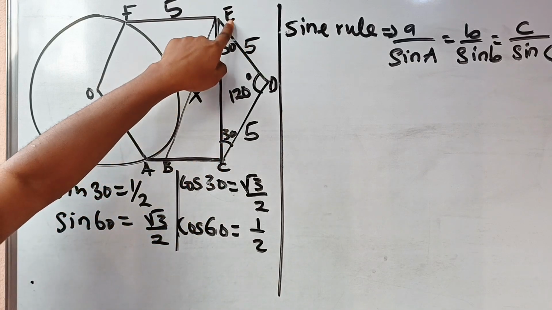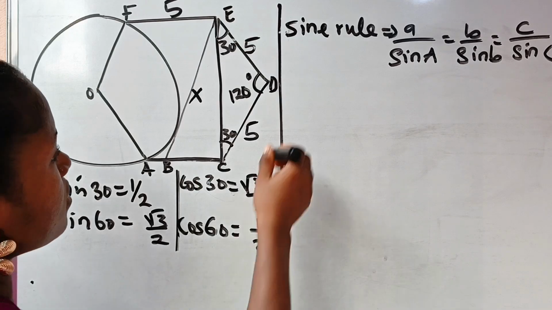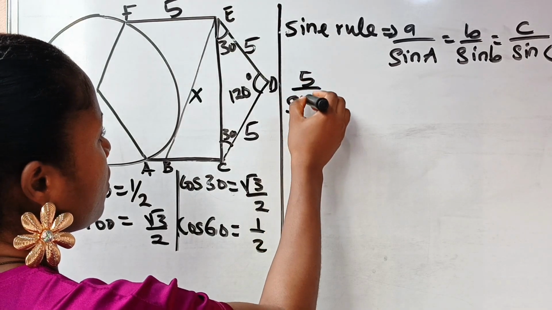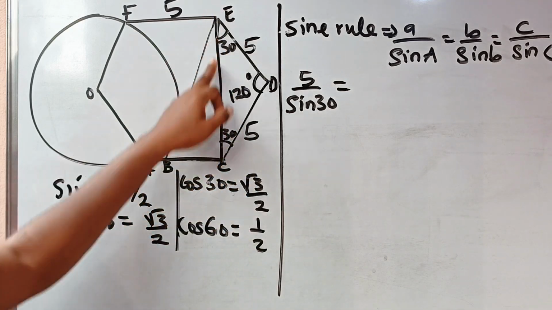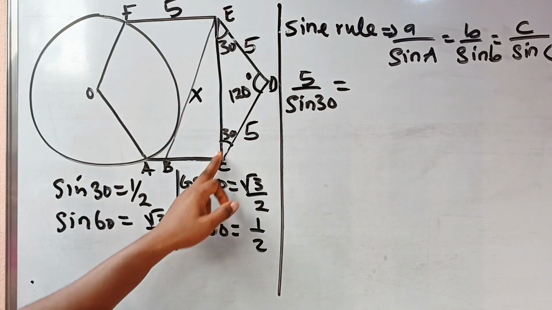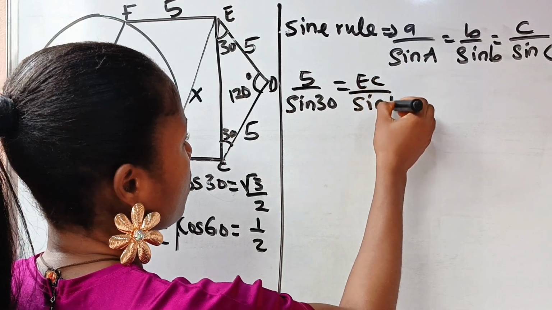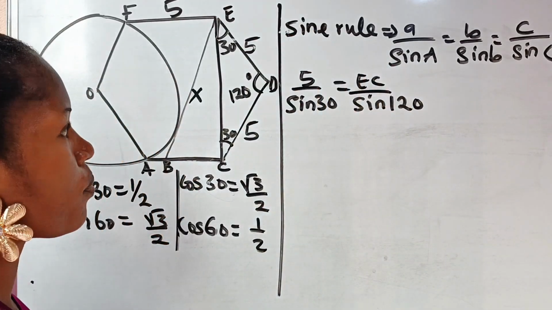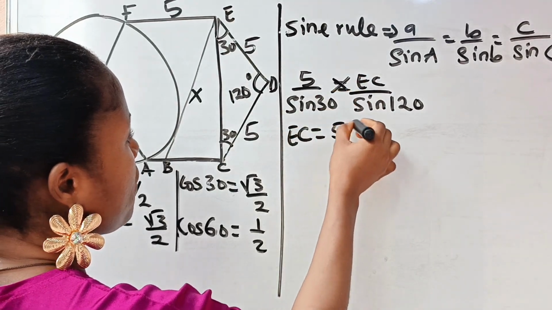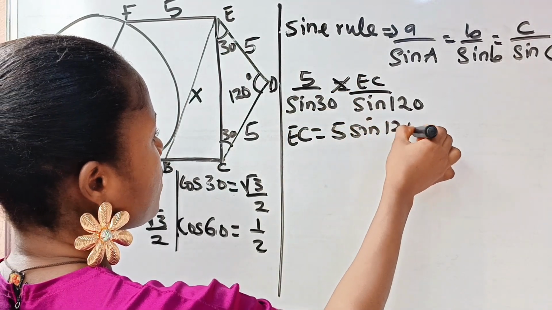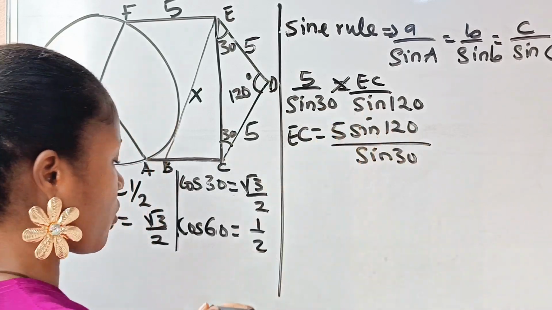So ED over sine 30, that is 5 over sine 30, should be equal to what we are looking for, EC over sine 120. If we cross multiply, EC is 5 sine 120 divided by sine 30.